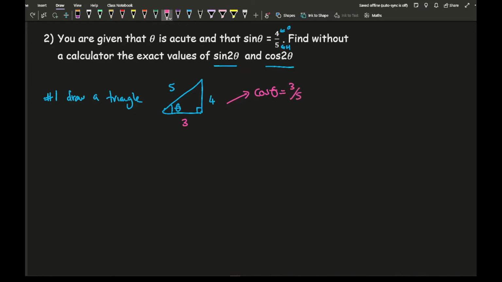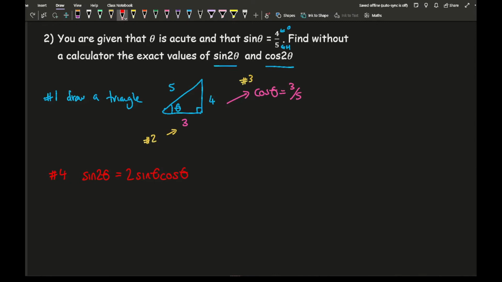Step 2 was to find the missing side, and then step 3 is to work out what sine theta is. In terms of step 4, from this I'm going to use my trig identity that sine 2 theta equals 2 sine theta cos theta.